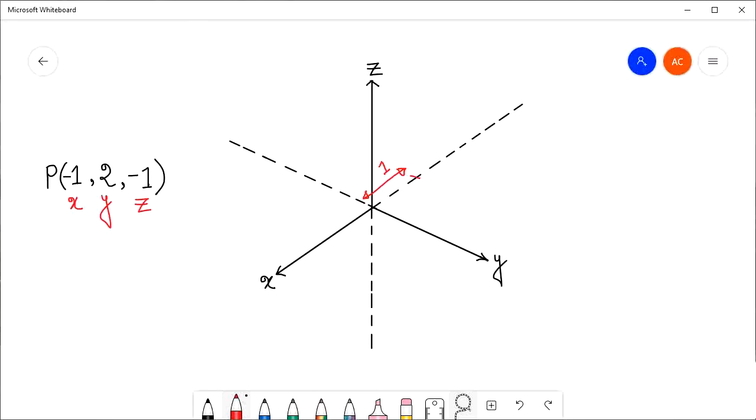Suppose this is 2 unit, along the right half. Now what about z? Z is -1, so we have to take 1 unit, but it has to be in the downward half.